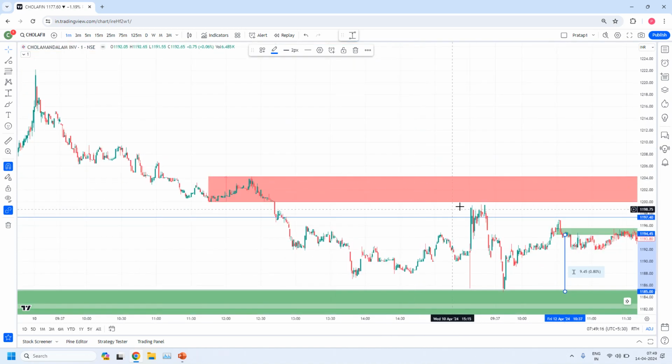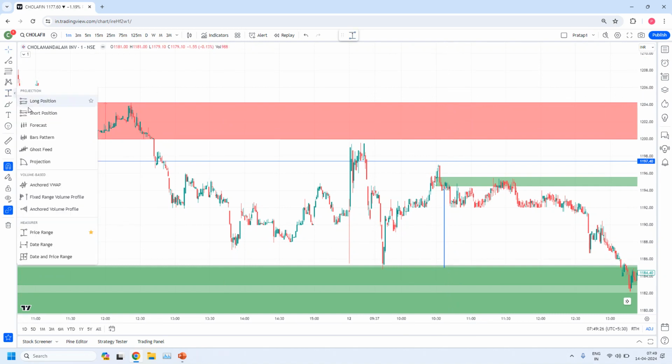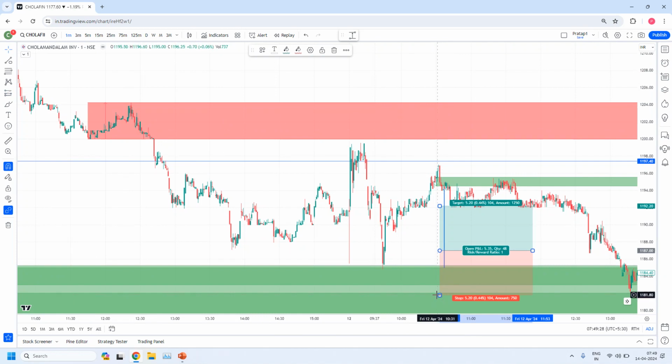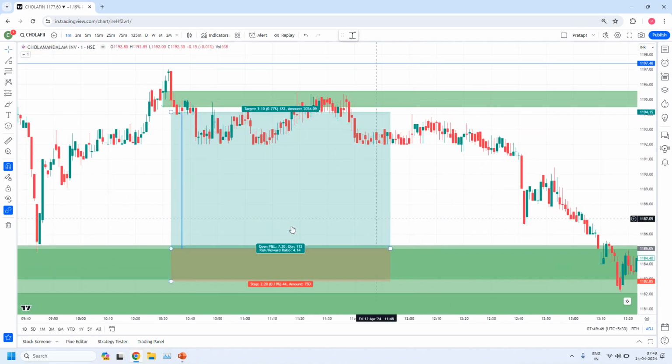How much RR would you have got here? For your second trade, some stop buffer here, and a trade here you have taken exactly at the proximal line. Because our goal is to take at this proximal line.